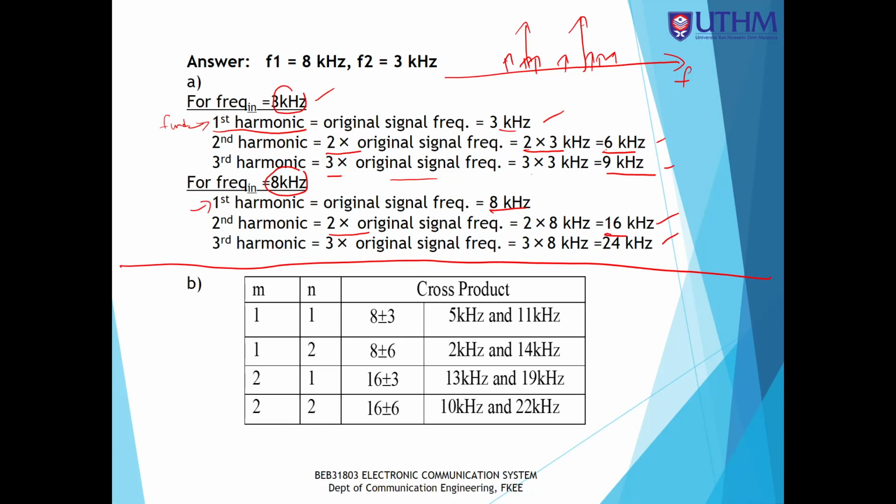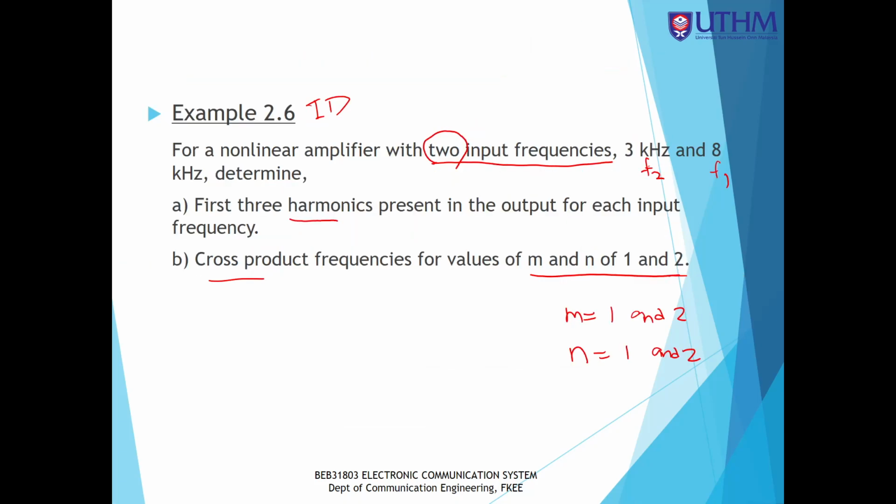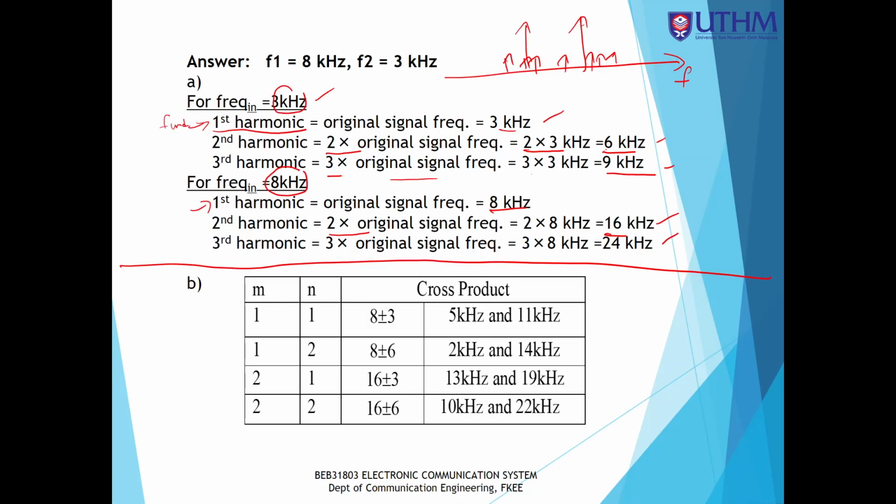So how do we do this? Since M and N are both equal to 1 and 2, we need to make a table so that we can find them one by one. That means we are going to have 4 combinations.